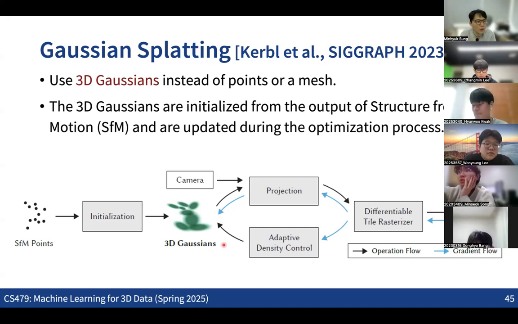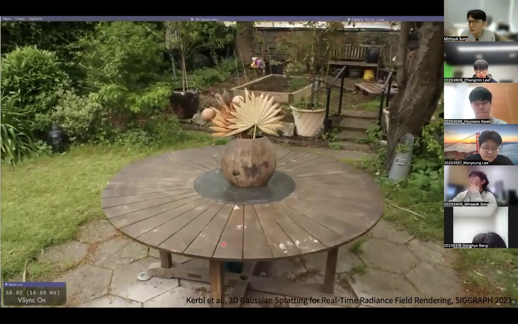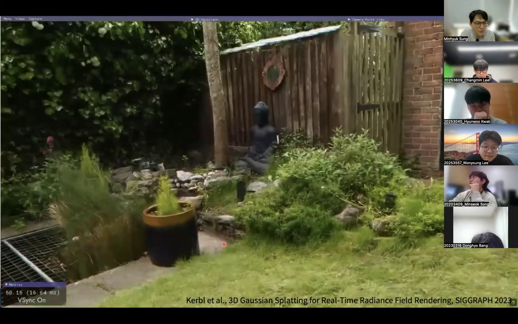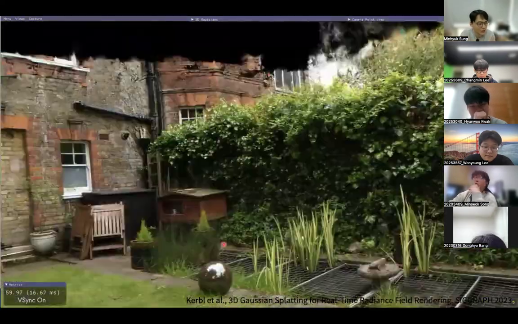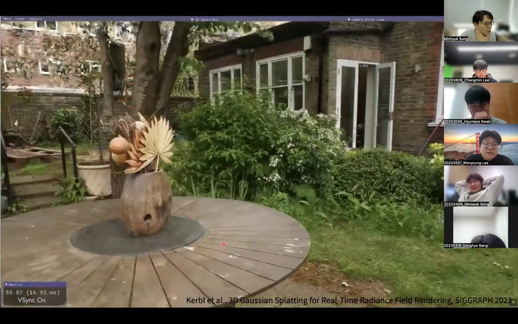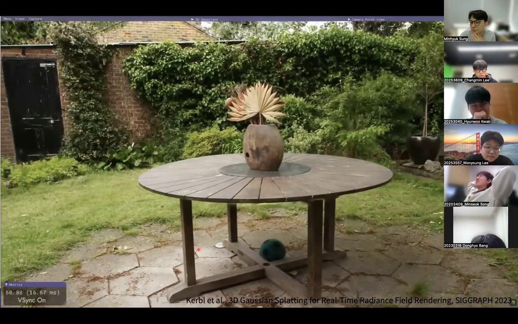So the technique that we are going to discuss next week is Gaussian splatting, which is one of the very successful examples of making this combination, where we can get not only fast training time, but also very fast rendering time. These are results where we are rendering the reconstructed 3D scenes using the Gaussian splatting algorithm, which achieves almost 60 frames per second rendering speed.